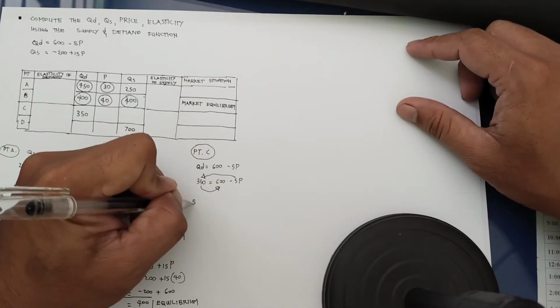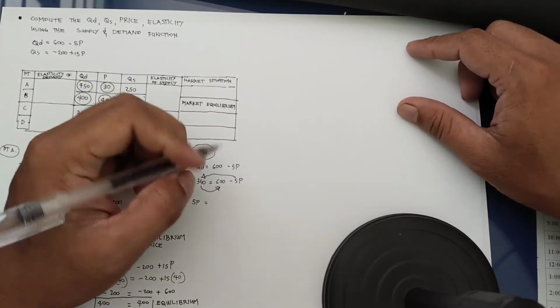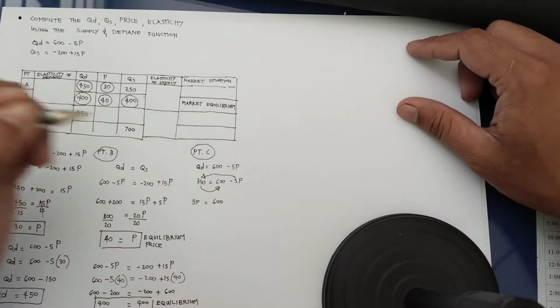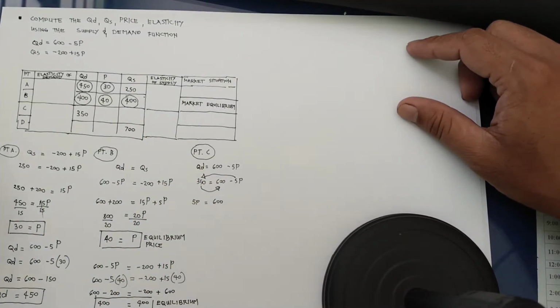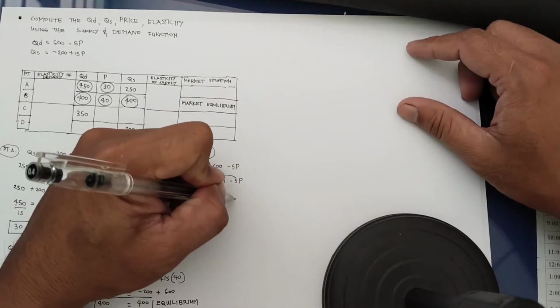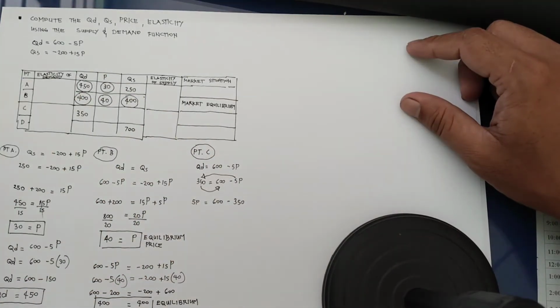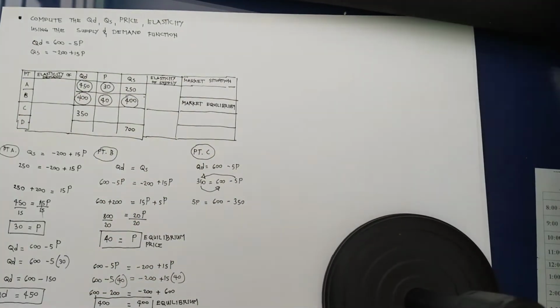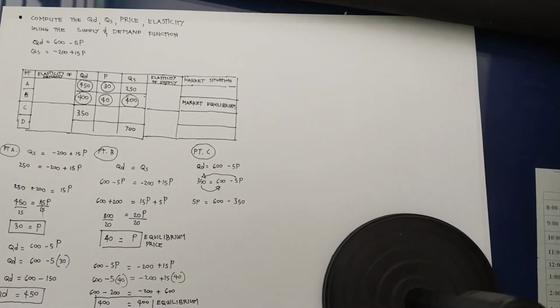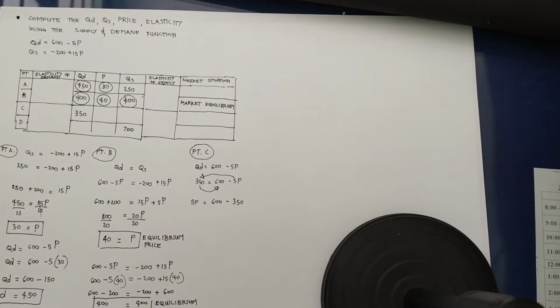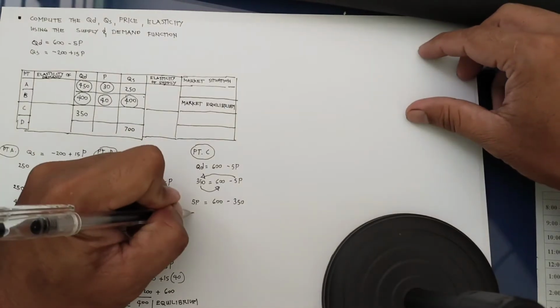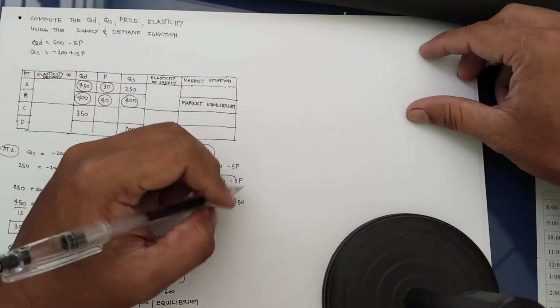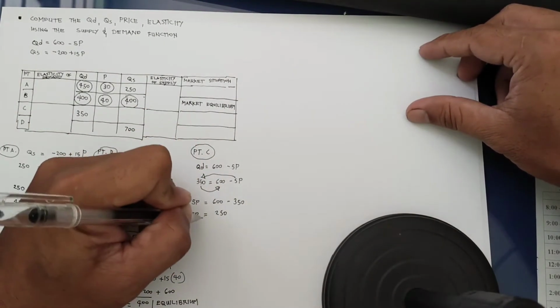So that would be 5P is equals to 600 minus 350. So that would be 5P is equals to 250.